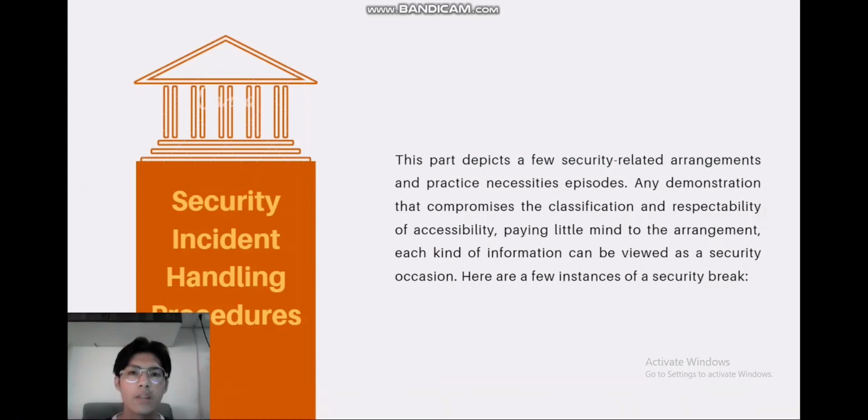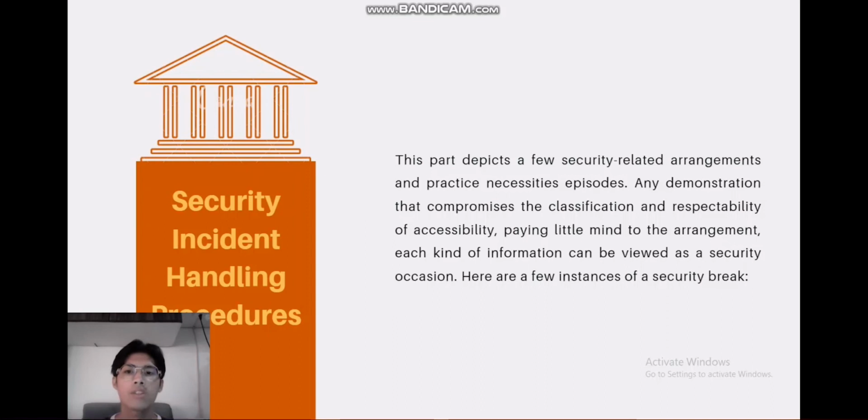Security incident handling procedures. This part depicts a few security-related arrangements and practice necessities for incidents. Any act that compromises the confidentiality, integrity, or availability of information, regardless of the arrangement, can be considered a security event.